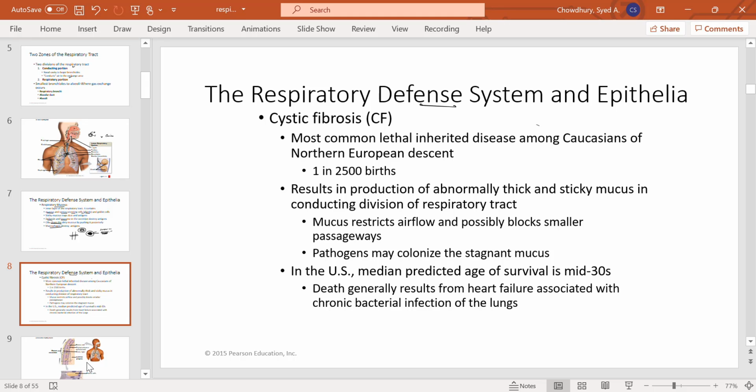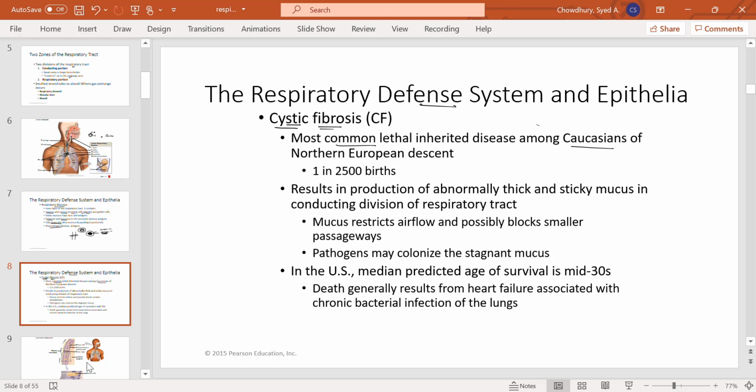Now there is a clinical condition called cystic fibrosis. It's a serious genetic disorder and happens more commonly among Caucasians of Northern European descent.